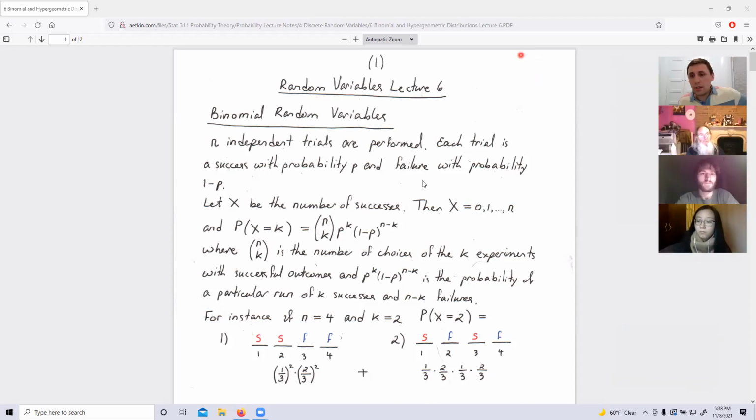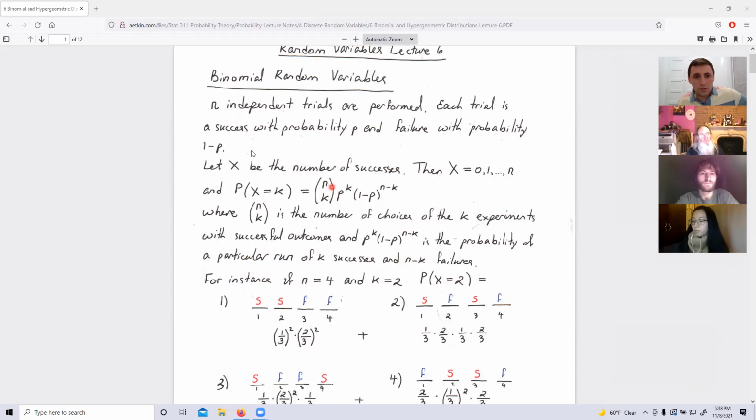All right, so what have we spoken about? We began doing binomial random variables. And you remember what it means, guys. We have n trials, and each trial is independently a success with probability p.